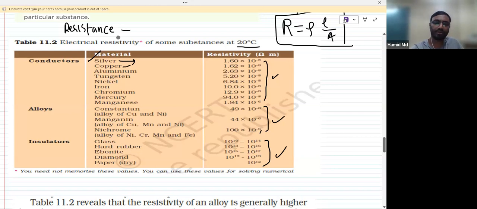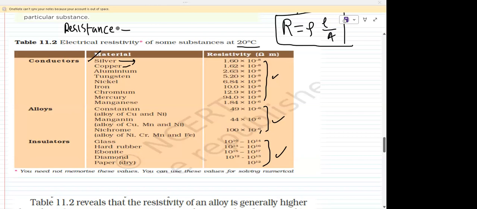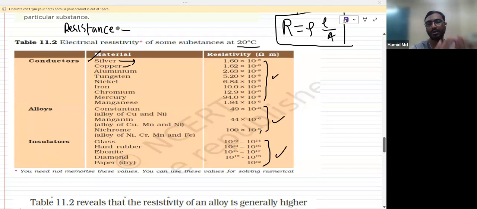Jaslyn, how will you define it if someone asks what is resistance? Okay, it stops electricity. It's not stops actually. Stops means that you are putting some force and stopping the flow. It resists the flow.